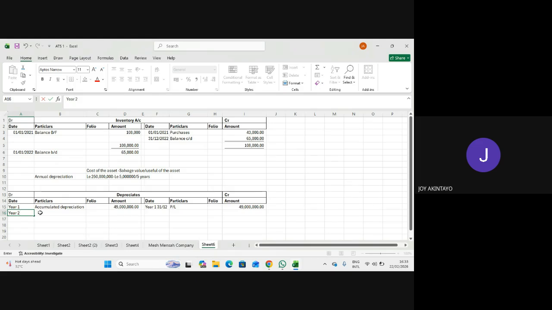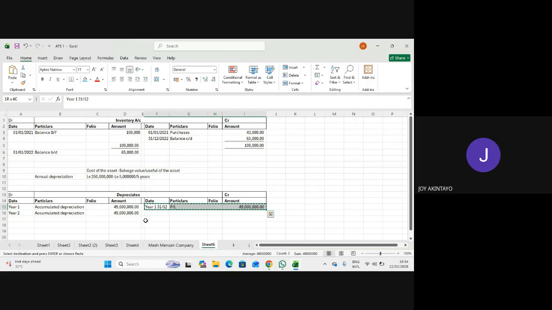Year two, we also transfer this to accumulated depreciation. Then the same amount. So we have that. This one will be for year two.